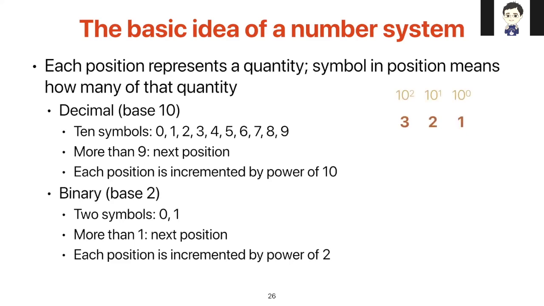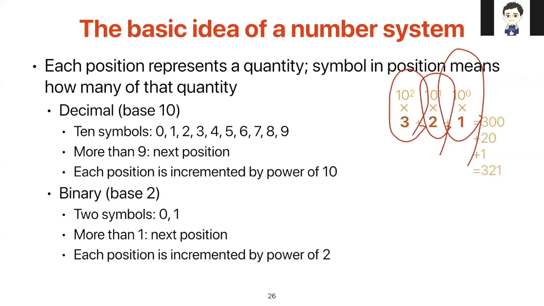So if I have a number 321, the rightmost digit represents 10 to the 0, so it's a 1. The 2 represents 10 to the 1, the second least position, and the most significant position is 10 to the 2. So the whole number adds up to 321.